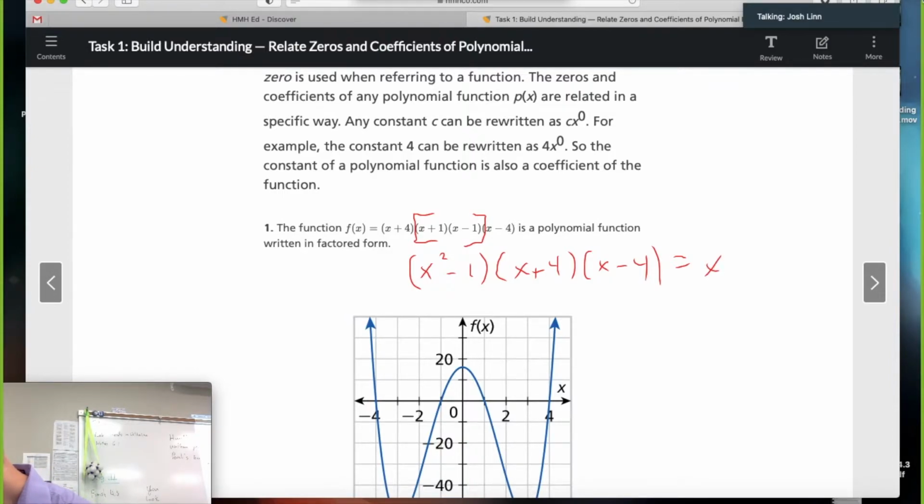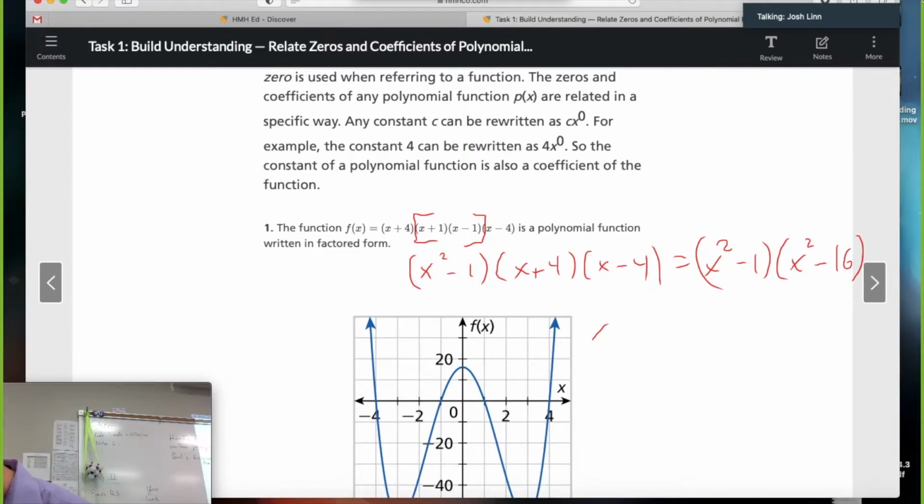So we've got x squared minus 1, and then x squared minus 16. 4 times 4 is 16. That makes it a little bit easier to multiply everything out. Now I'm just going to FOIL it all.